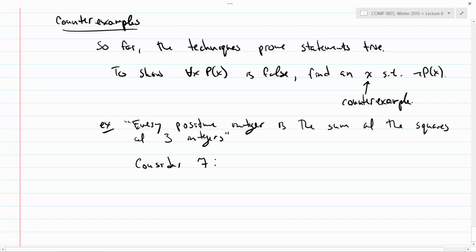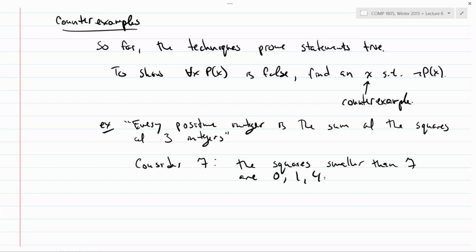Right? The squares smaller than 7 are 0, 1, and 4. Those are the only squares smaller than 7. And if you exhaustively try all combinations of these three squares, you'll see that none of them work. Does that make sense to everyone?